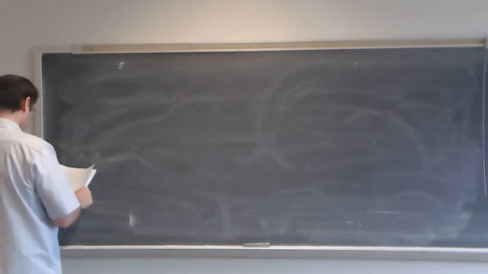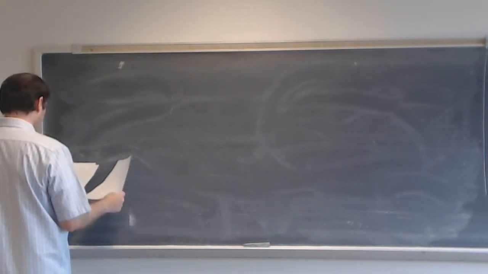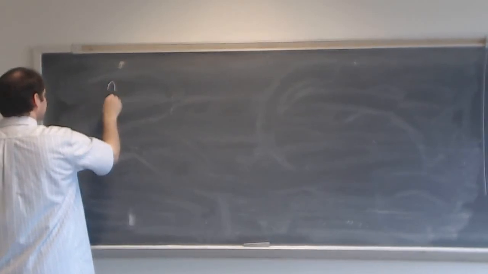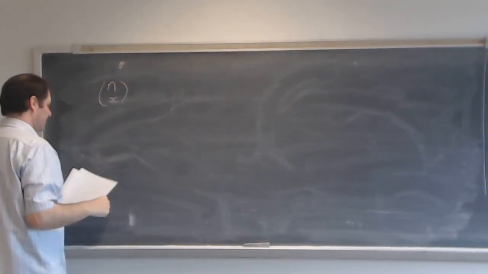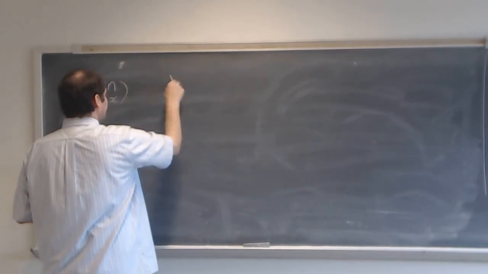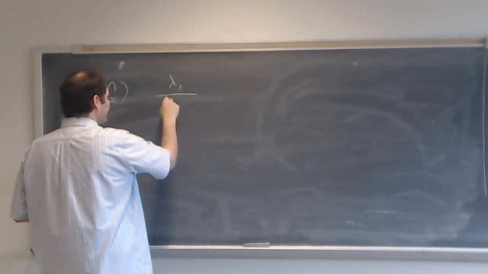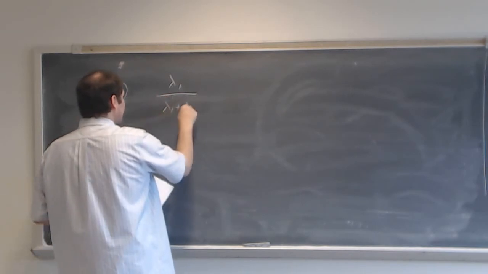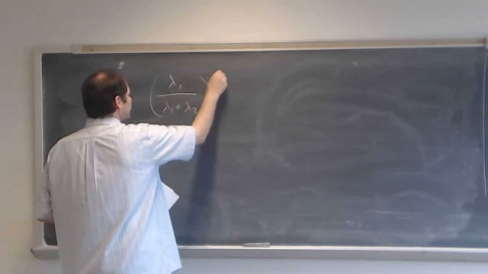Okay, so if you will, that is the first part with n choose x. And then we would have lambda sub 1 over lambda sub 1 plus lambda sub 2, all that raised to x.